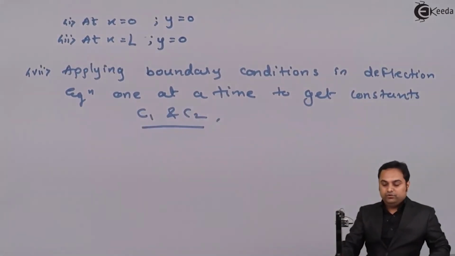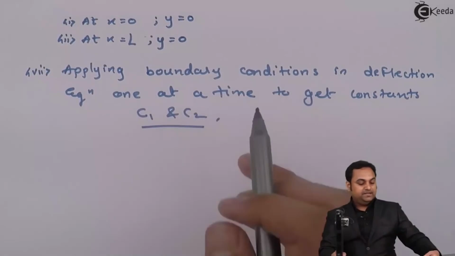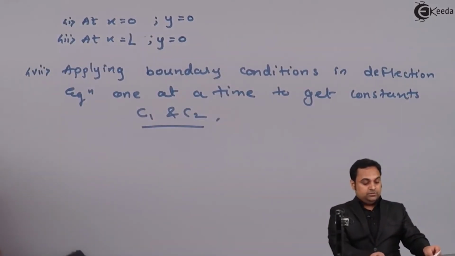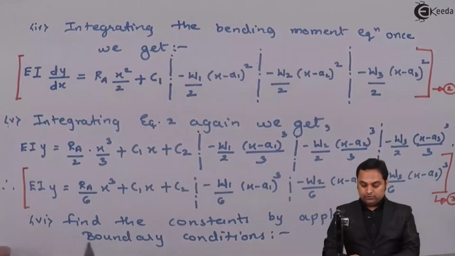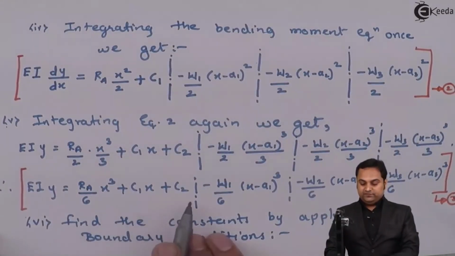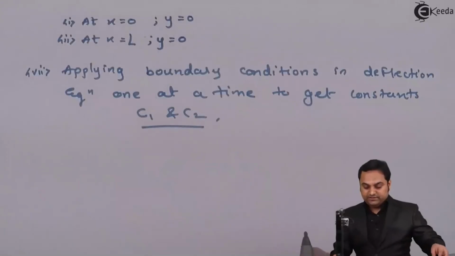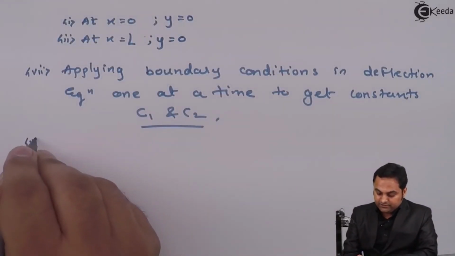So once we know the boundary conditions, we can apply them or put the values in the deflection equation, which is equation number 3, to get the values of C1, C2. And once we know C1, C2, that is step number 8 in Macaulay's method.